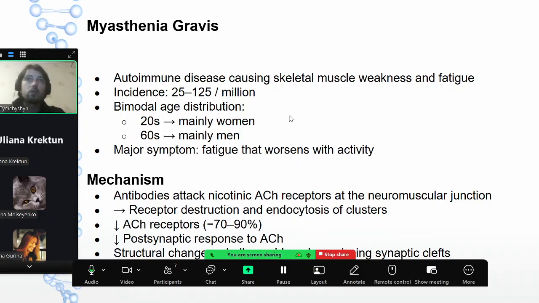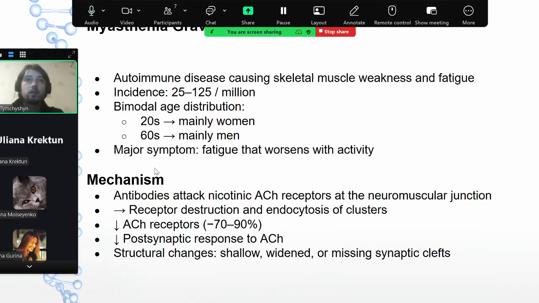Incidence, 125 people per million. And what's interesting, it has a bimodal age distribution. So in the 20s, it mostly affects women, while in the 60s, mostly men. Not sure if anyone knows why. The major symptom is fatigue that worsens with activity.